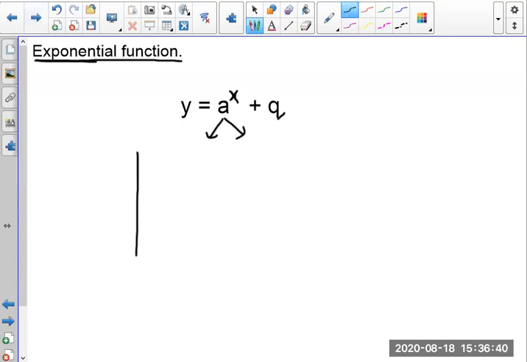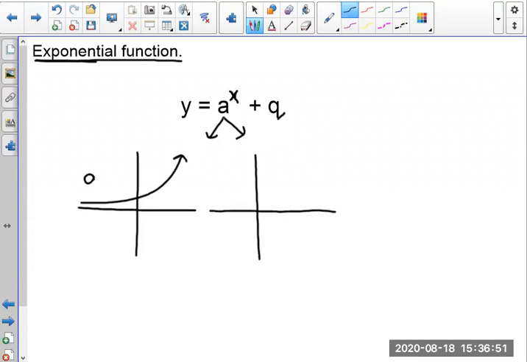Now you have 2 mother graphs. The one is the increasing one, and this will be when a is bigger than 1. And the decreasing one will be when a is between 1 and 0.